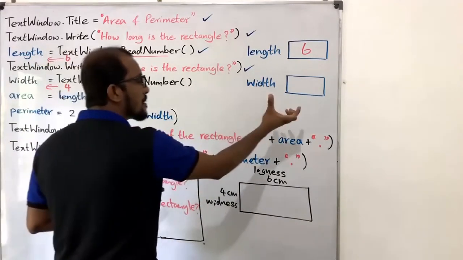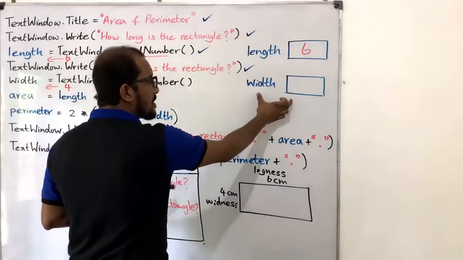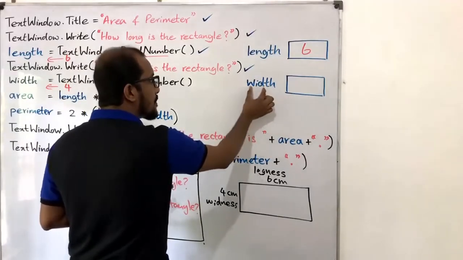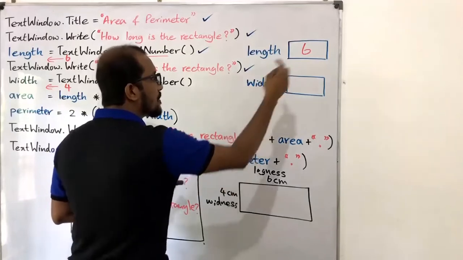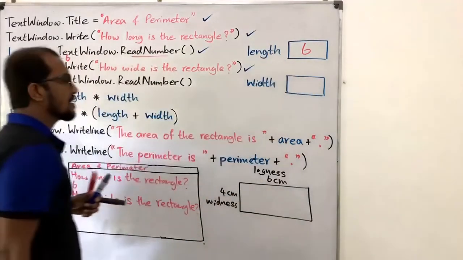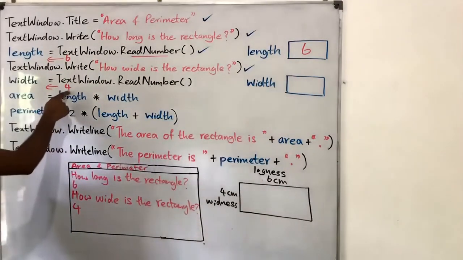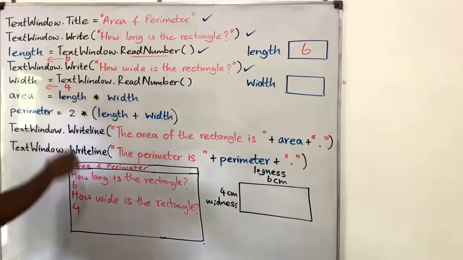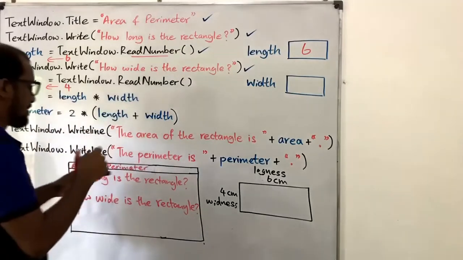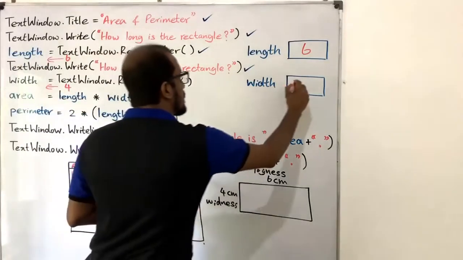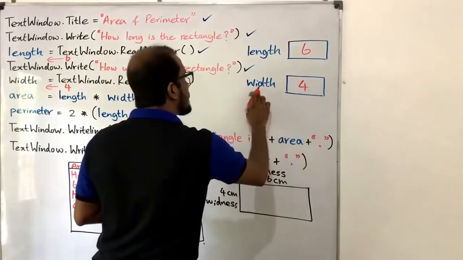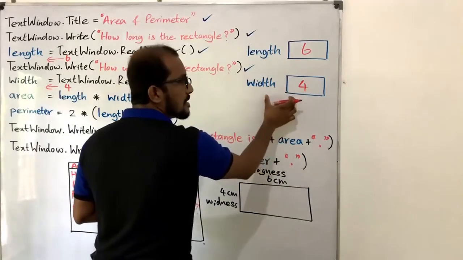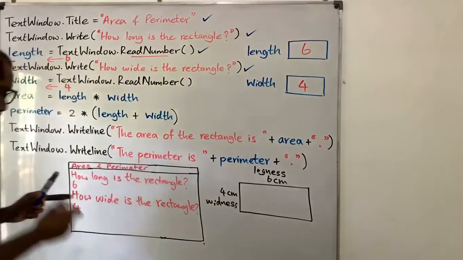Simply, a variable is created in the RAM, its name is width, and its value will be stored here. So what is the value? 4. So after executing this statement, 4 will be stored under the name width inside the RAM. That's the thing.